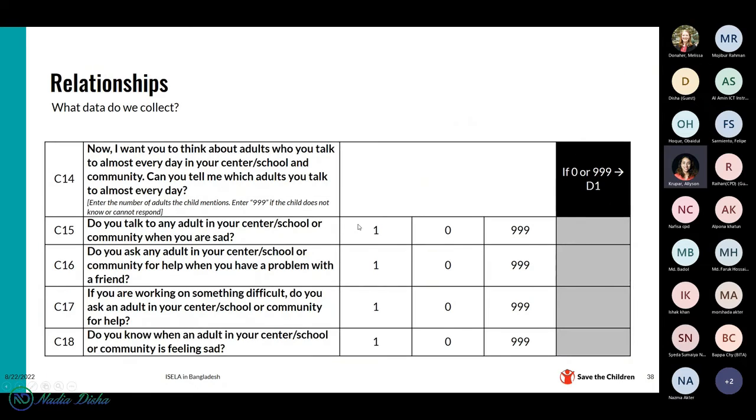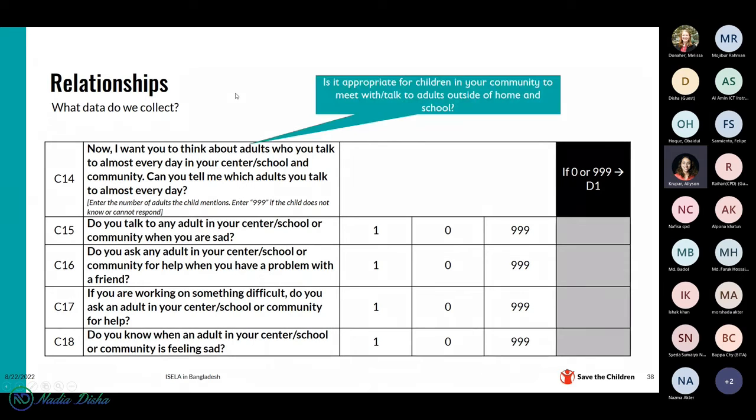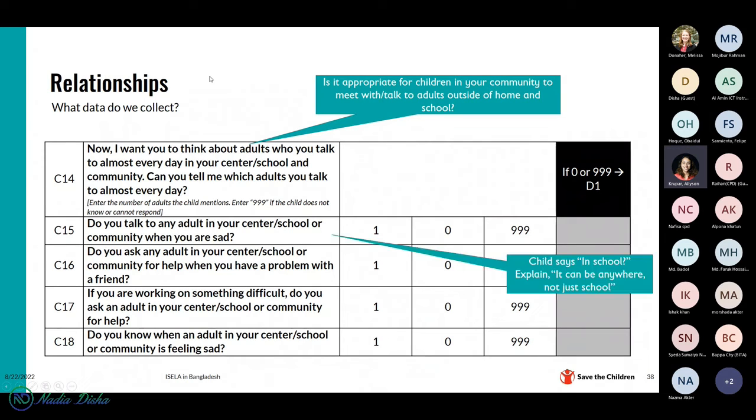And then moving on through the relationship section, we ask another section about other adults in their community, in their school, the adults that they talk to. So this could be teachers, it could be other people in the community, religious leaders, things like that they would talk to outside the home, even neighbors. You ask them then, do you talk to any adult in your center or school when you are sad?